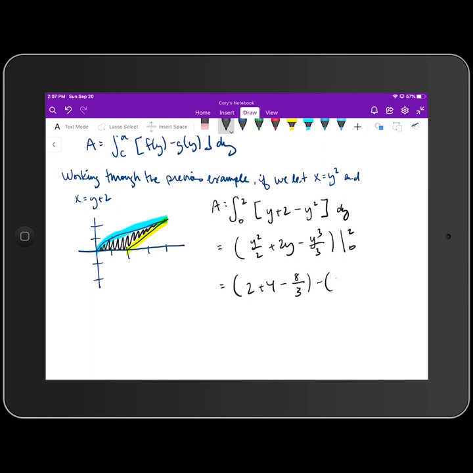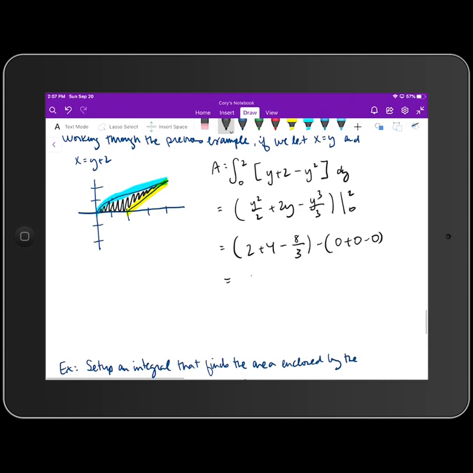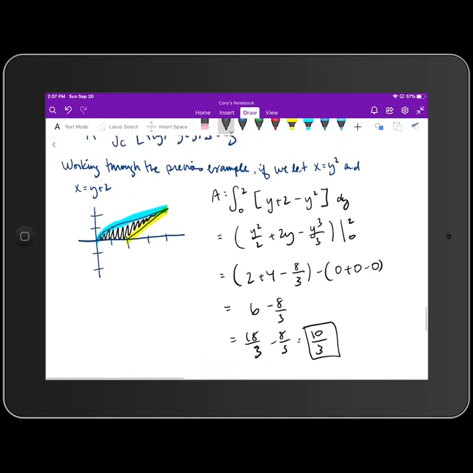When we evaluate at 0, we get 0 plus 0 minus 0. So we get 6 minus 8 over 3, which is 18 over 3 minus 8 over 3, which gives us that same area equal to 10 over 3.